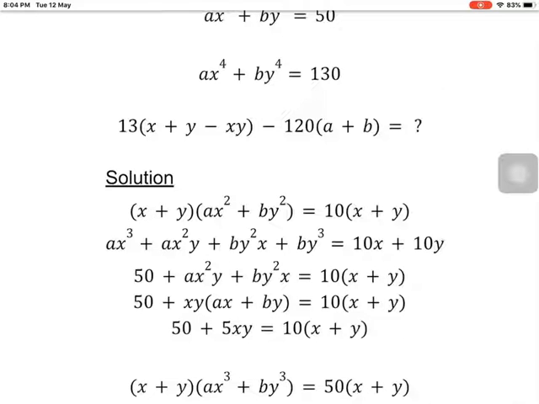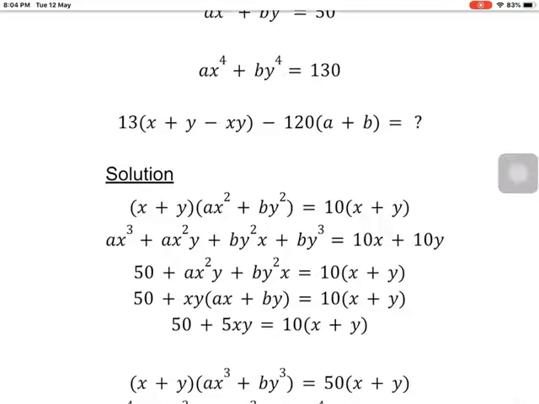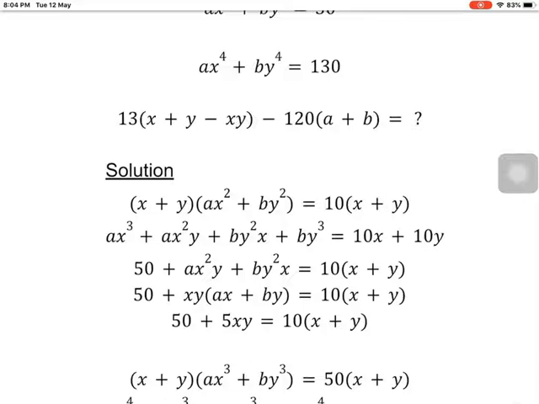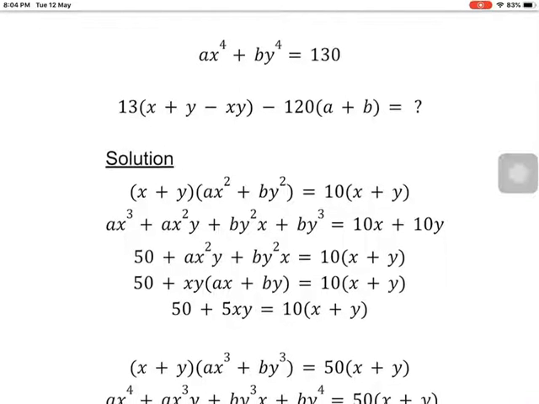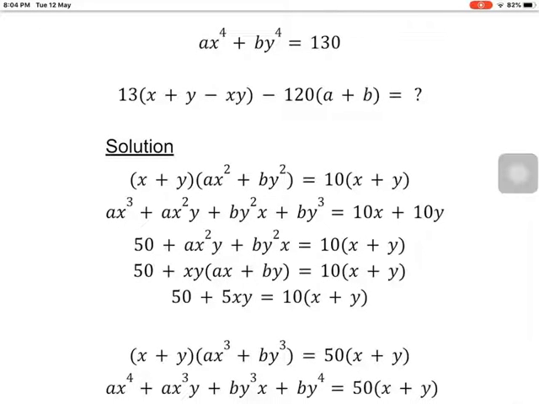So (x plus y) times (ax cubed plus by cubed) equals 50 times (x plus y). So since you multiply the subject throughout the equation, you expand it. ax to the power 4 plus ax cubed y plus by cubed x plus by to the power 4 equals 50 times (x plus y).